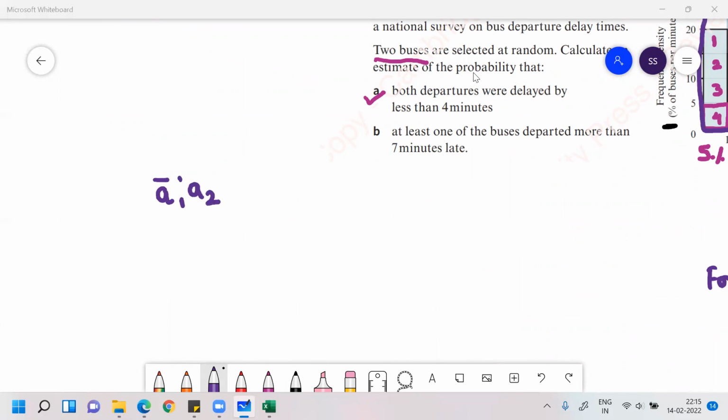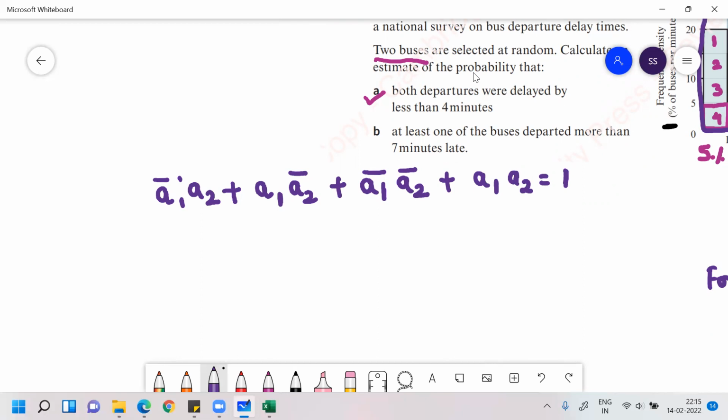The sum total of these will be equal to 1.